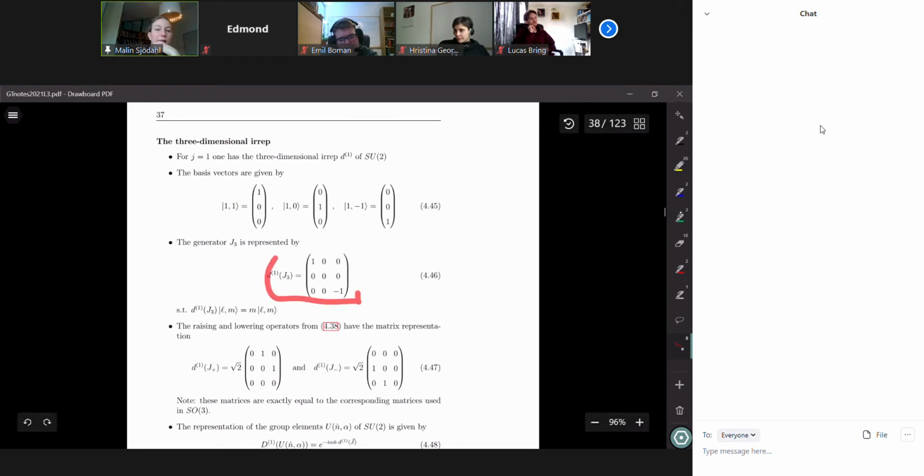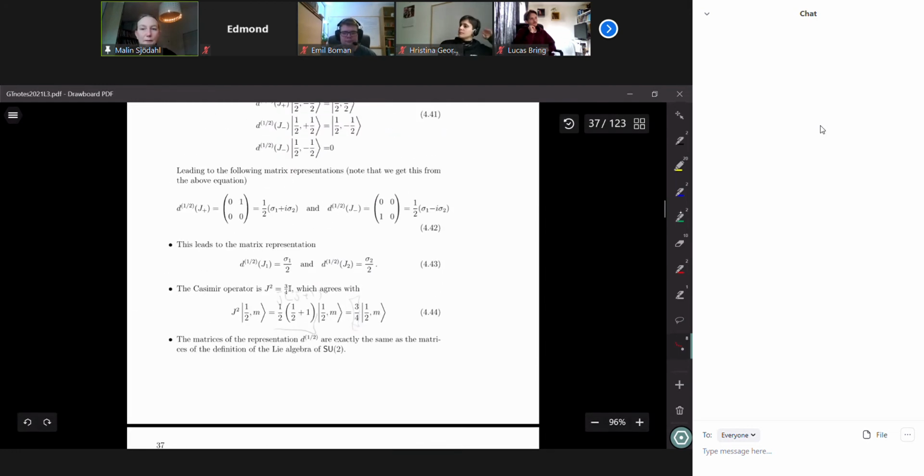Then, knowing the form of J3, I can find the action of the raising and the lowering operator. So let's see where we had that.